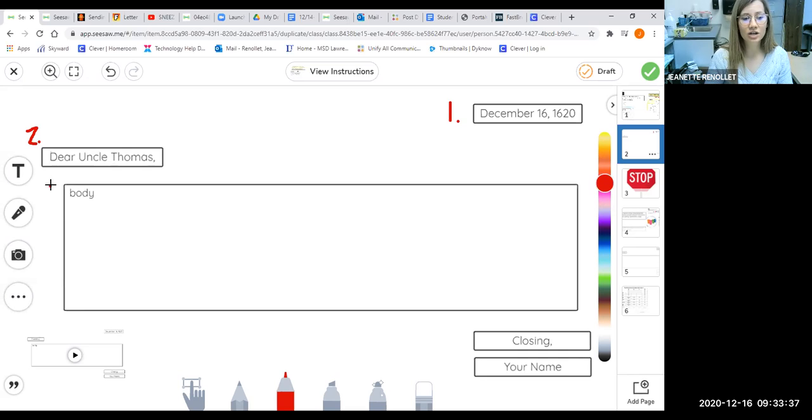I see a section for the 3rd part called the body. This is where you will write all of your sentences, where you will answer his questions. Remember, he asked you 4 questions about being a colonist in the new country.